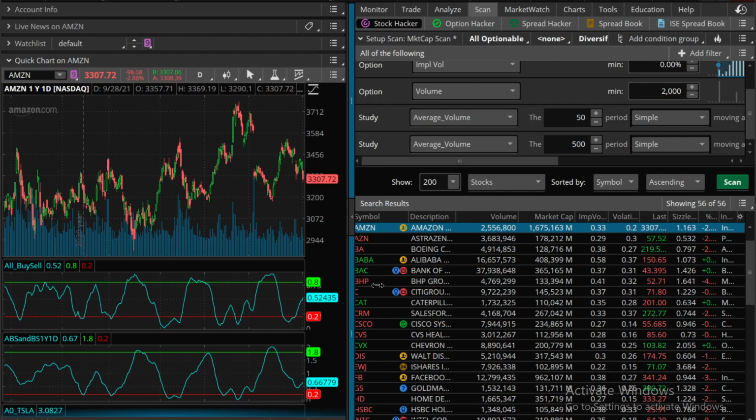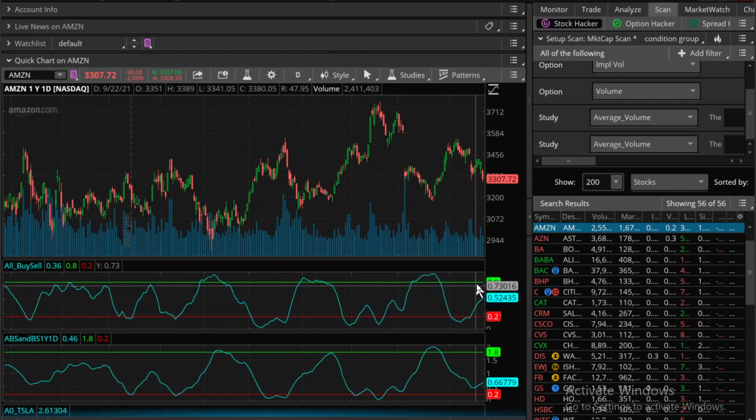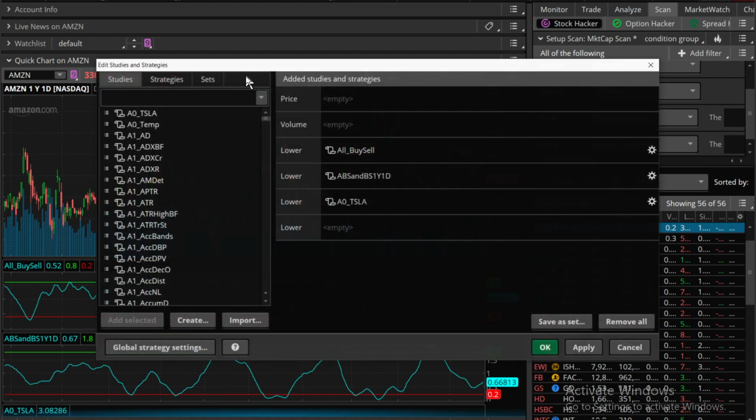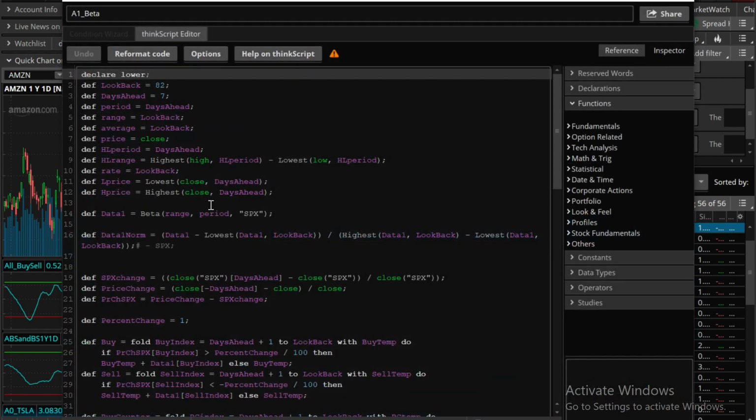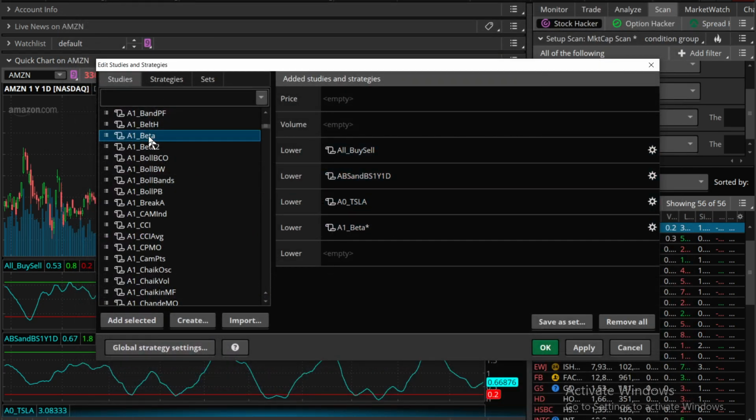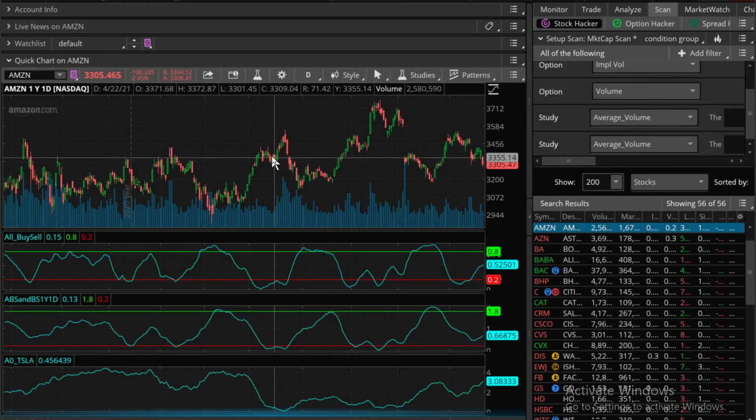Now, this number is normalized, so it's between 0 and 1. What I do is I'll take a study, let's say beta, and look at how well the stock does. I really don't want to show all of this, but it'll take the beta value and compare it to the future price.